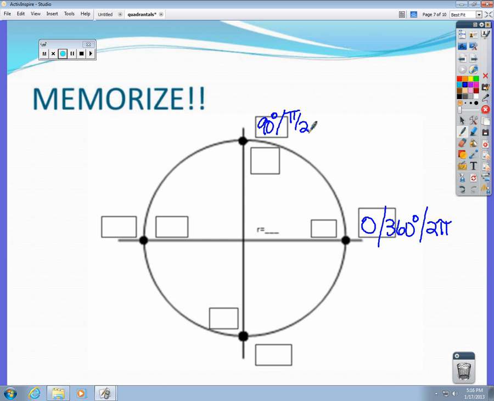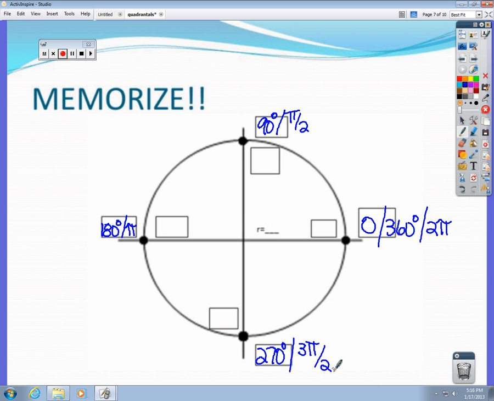To the left, we have 180 degrees, which would be pi if we're in radians. At the bottom, 270 degrees, which is equivalent to 3 pi over 2 in radians. Now we're not working with decimals right now, but the procedure would be the same for the decimals.